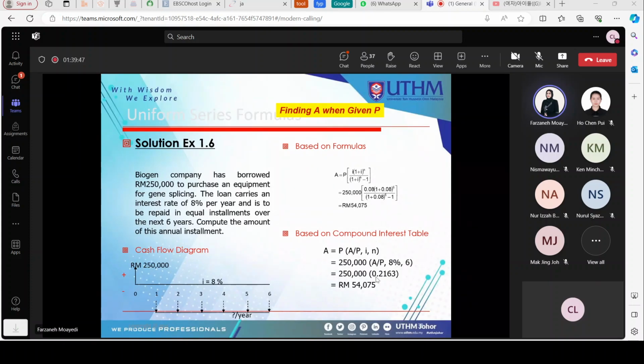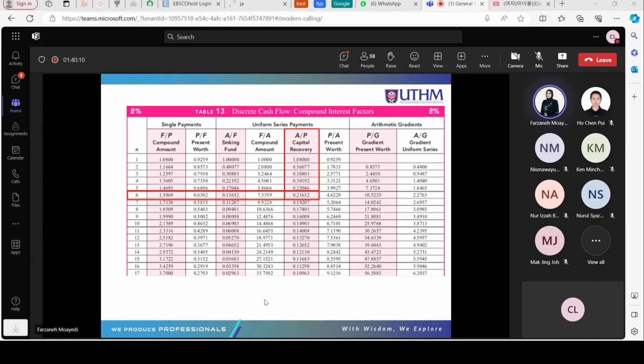You can find this value and then you will get the result. So it means that for 6 years, every single year you need to pay 54,075. That's the answer, and the same amount is paid continuously for 6 years equally. This is the value.